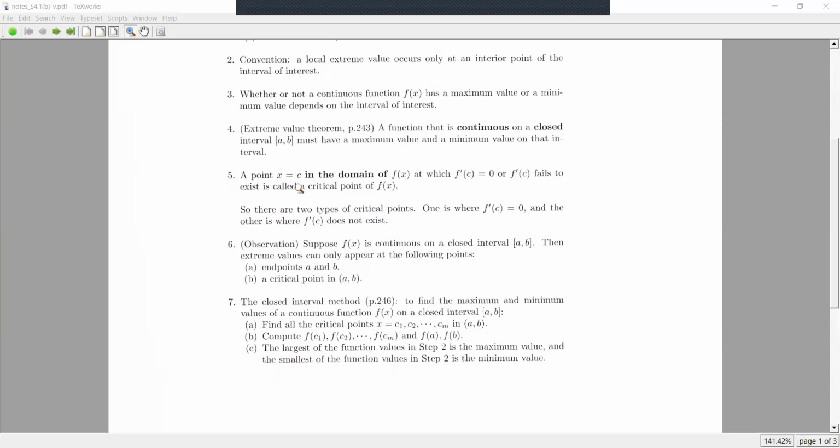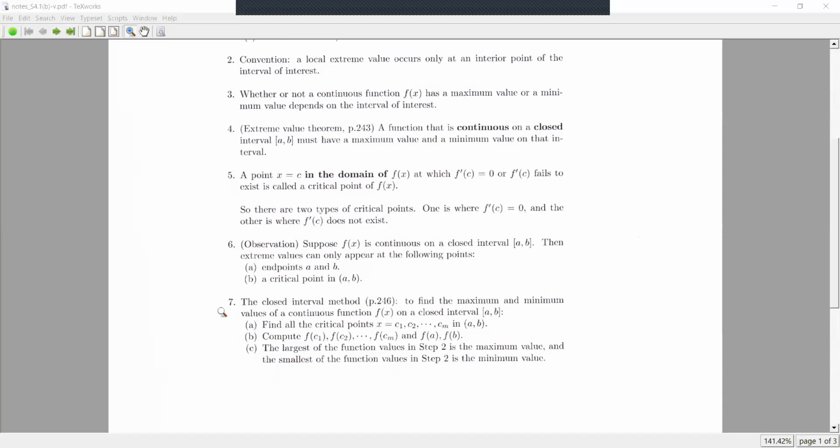According to the definition of a critical point, that means they can appear at a point where the tangent line is horizontal, or there is a corner there. Based on this observation, we can develop 3 steps to locate the maximum and minimum of a function.